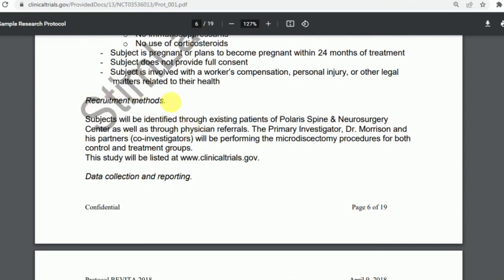Recruitment method: how subjects will be recruited. Subjects will be identified through existing patients of Polaris Spine and Neurosurgery Center, as well as through physician referral. What happens in a clinical trial, in most studies, is that the principal investigator, who is also a doctor, mainly refers subjects, their long-term patients who are suffering from back pain, neck pain or spinal disease.